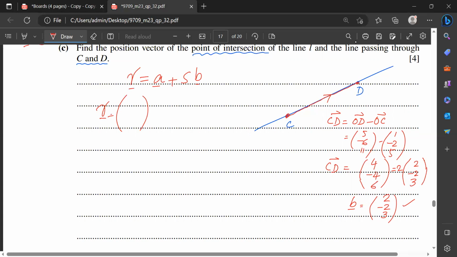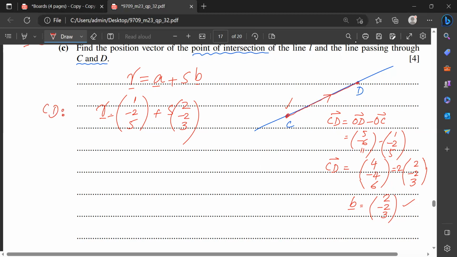It can be C, it can be D. So I'm using 1, minus 2 and 5, the position vector of C, plus s into b, the direction vector, which is 2, minus 2 and 3. This is the second equation. So this is the equation of CD.